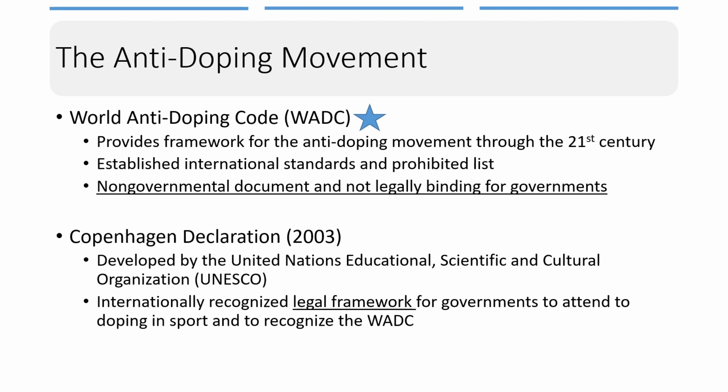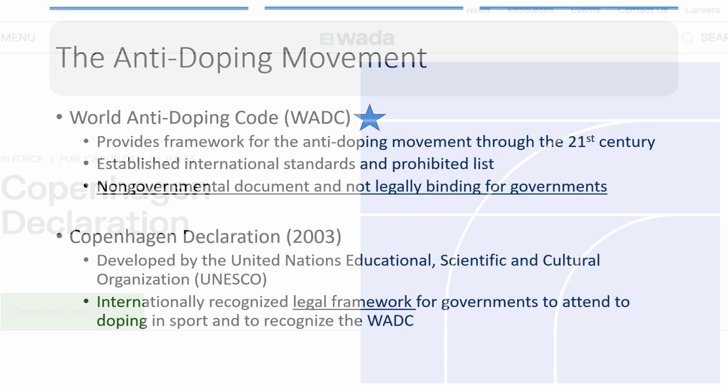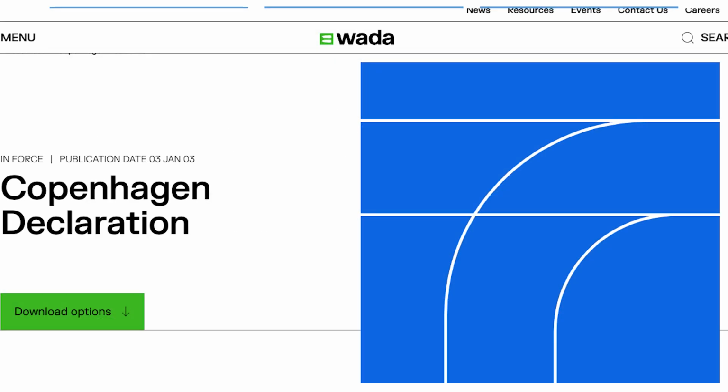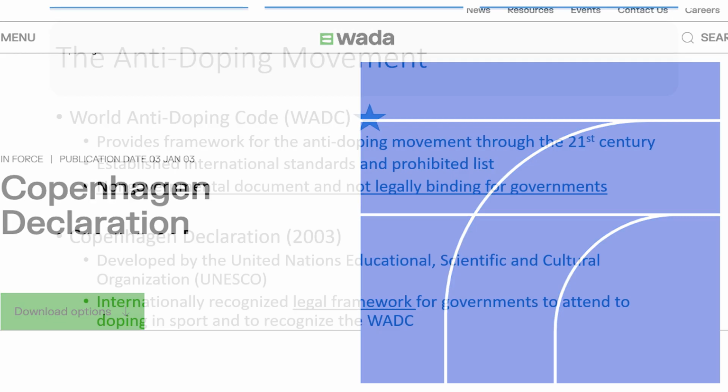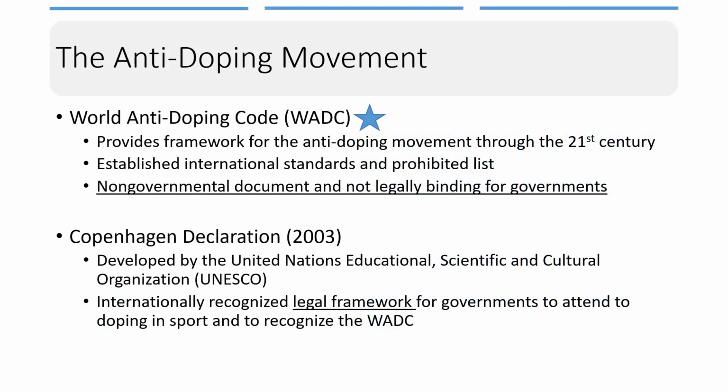One of the major milestones of the anti-doping movement was the Copenhagen Declaration, established in 2003. It holds significance as the basis for the creation of the United Nations Educational, Scientific, and Cultural Organization, abbreviated as UNESCO.